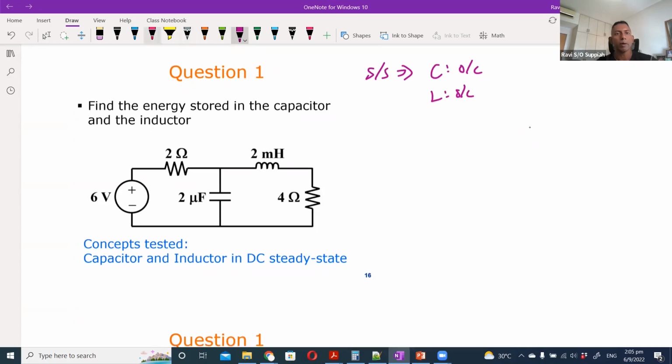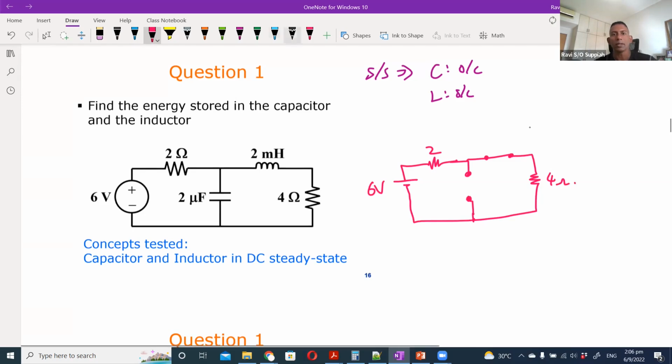If I were to redraw this circuit, I have 6 volt, 2 ohm, the capacitor becomes an open circuit, and the inductor is a short circuit. This is your VC, and this is IL, the current through the inductor, and the voltage across the capacitor.